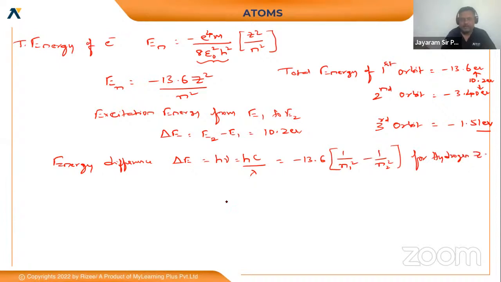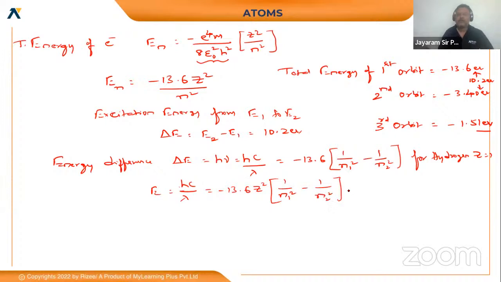Hydrogen in the sense Z is equal to 1. For hydrogen like, that is hc by lambda, or your energy E is equal to minus 13.6 into Z square times of 1 by n1 square minus 1 by n2 square. This is for hydrogen like elements or hydrogen like atoms. Okay, sir.